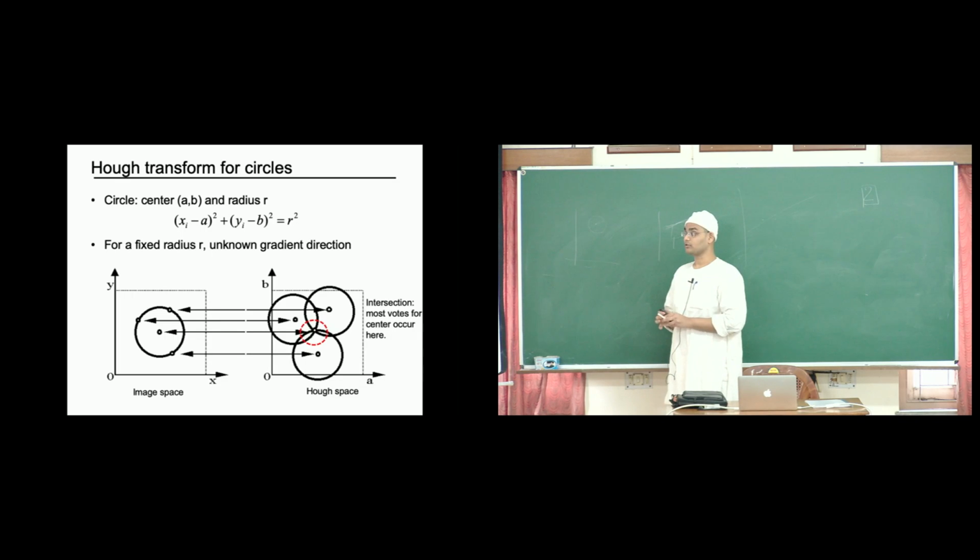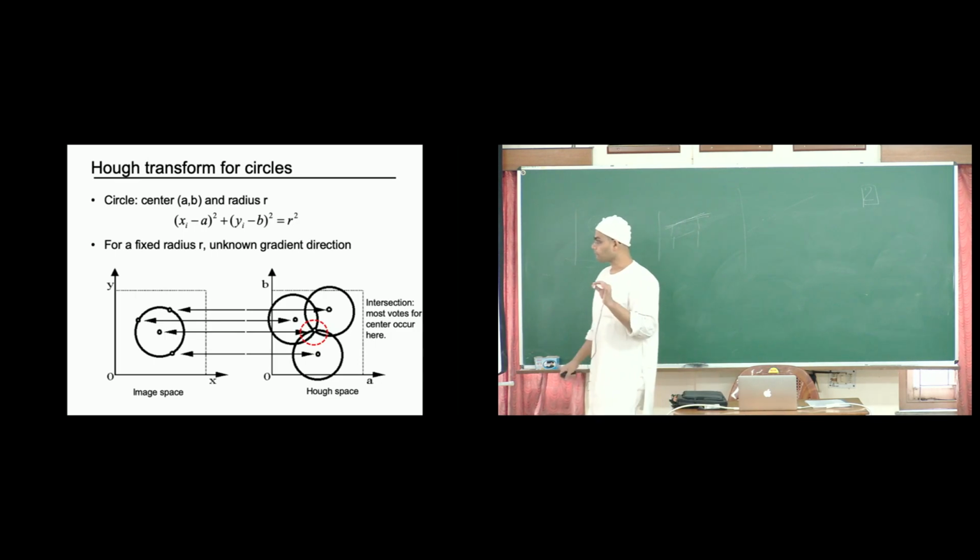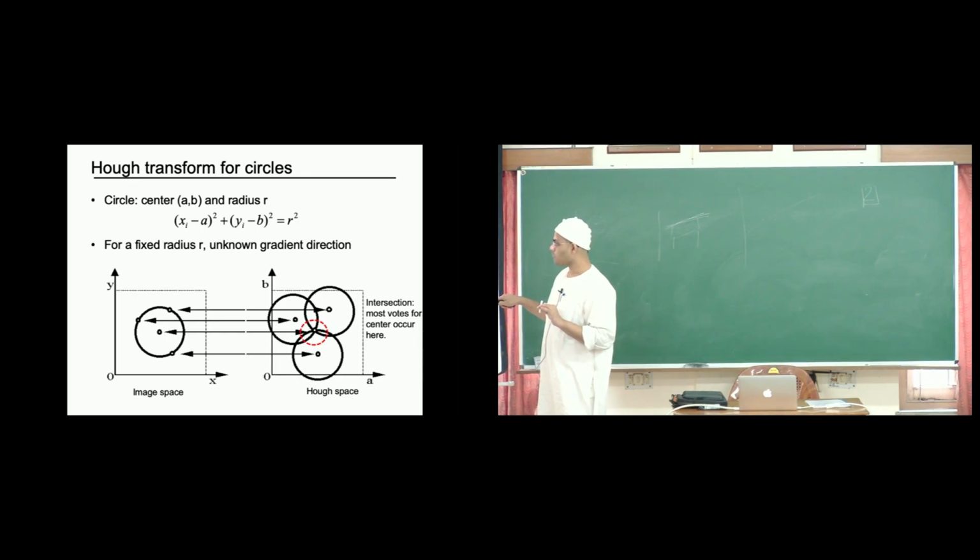And remember we talked about another thing. If someone gives me 2 points, how many circles can I get? 2 circles. So these are the other circle. This center is not known.